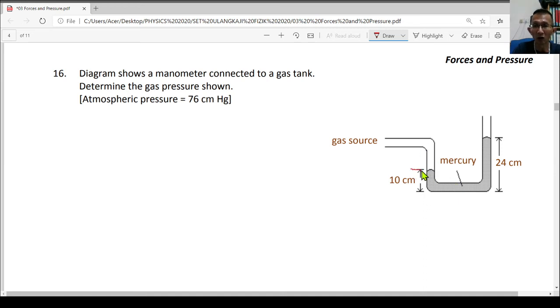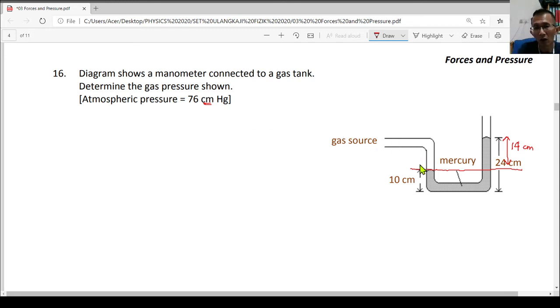So I will draw a line here. If from this point to this point is 10, so how long is this point? Definitely here must be 14 centimeter. Here is also in centimeter, so no need for us to convert it to meter.